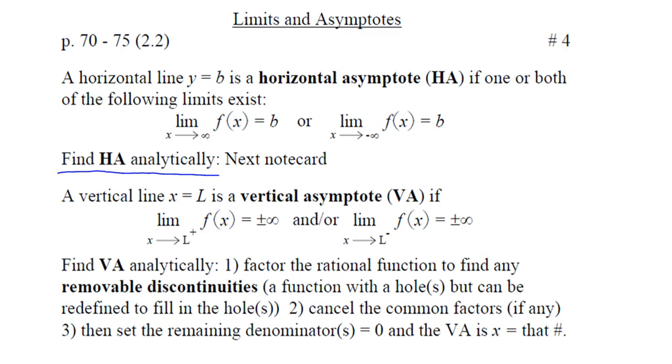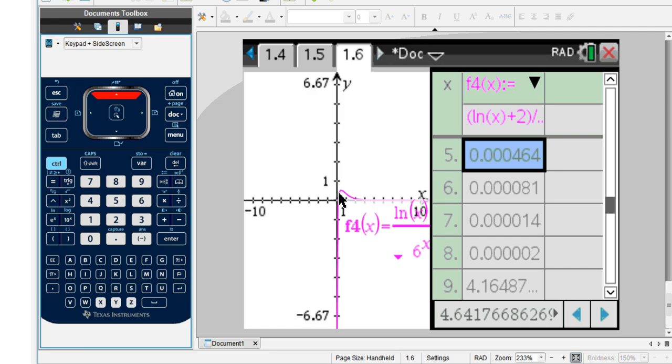now, when you look back here, it says vertical line x equals L is vertical asymptote VA if as x approaches L from the plus side, which is what we have here, because when we're approaching 0 from the plus side, we're going down toward negative infinity, and it's only from the plus side.